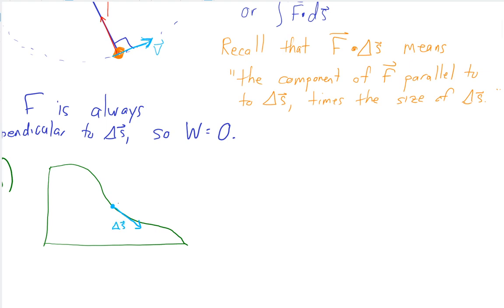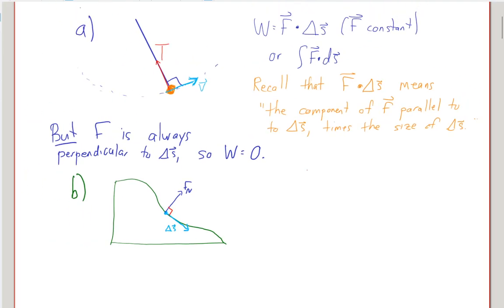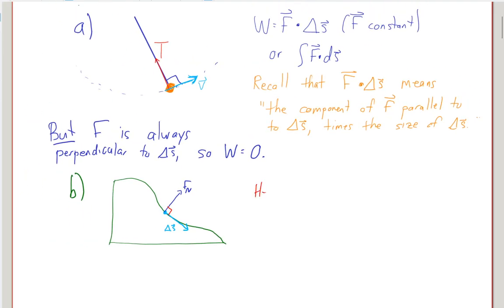The normal force will be that way, and again, this is a right angle. Again, the force is, I can't spell late at night, always perpendicular to delta S, so the work is zero.